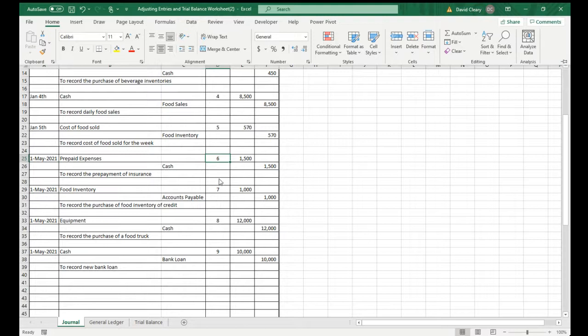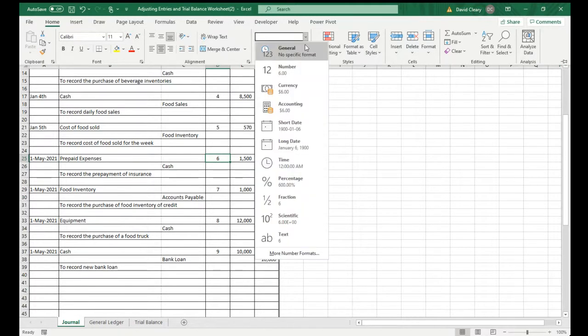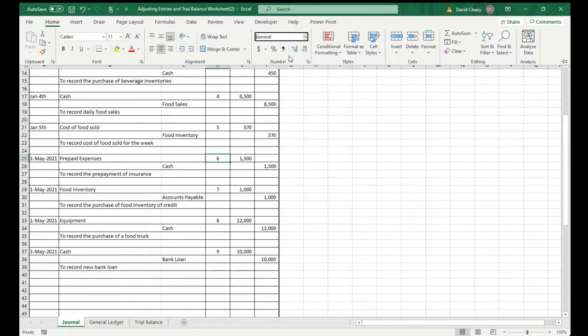Go to the cell you want to reformat, and under the Home tab, there's a formatting option on the number ribbon. Reformat it as either general or as a number, but I would say just put it as a general cell. Once you do that, it should change whatever you're putting in there to a whole number.